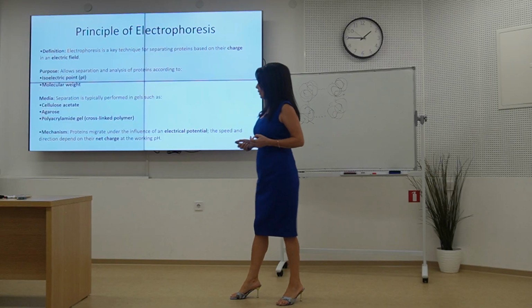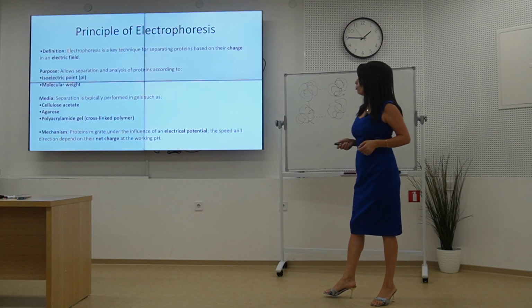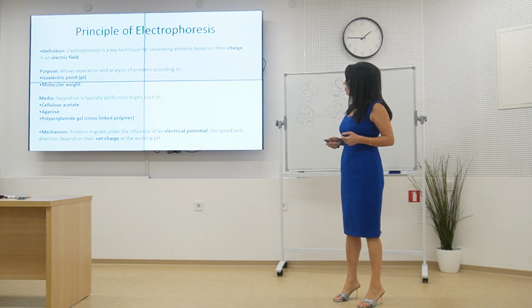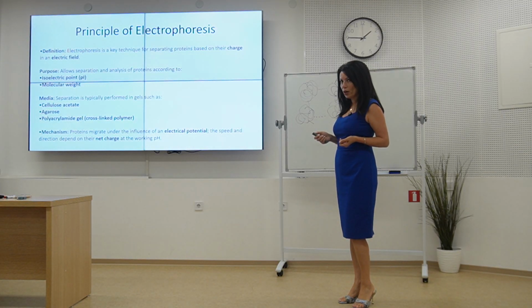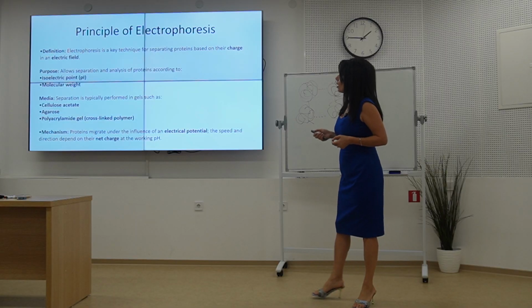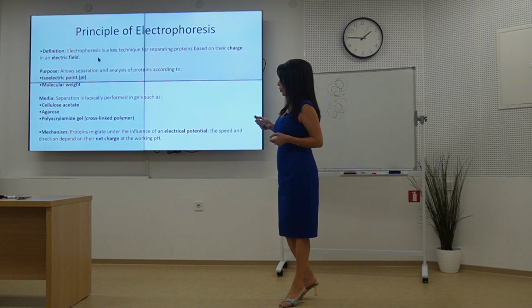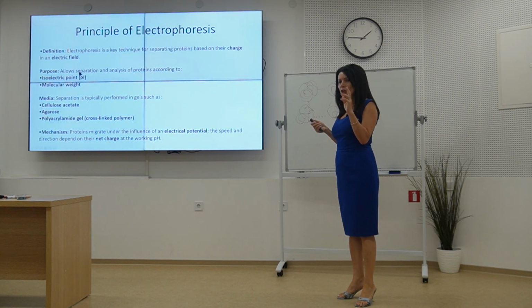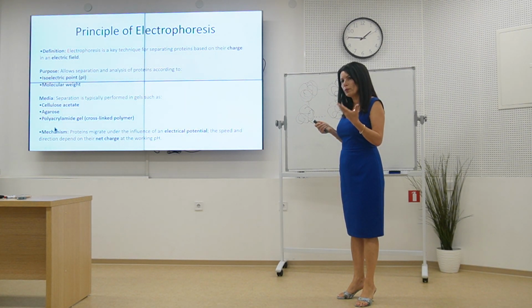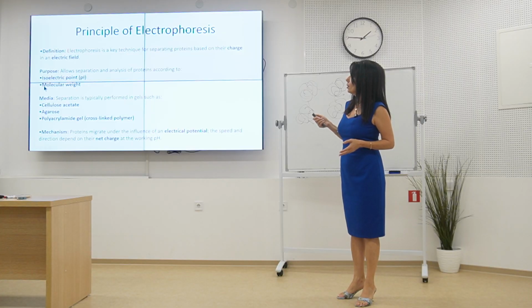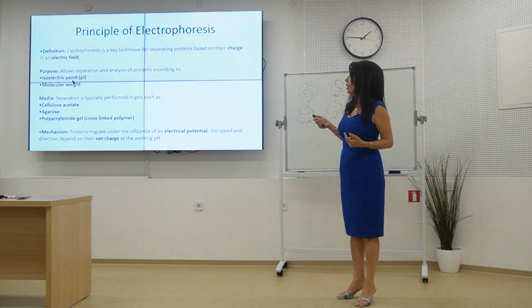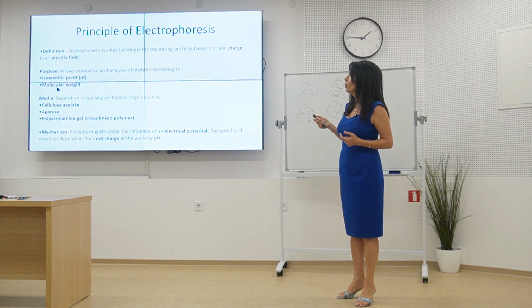Principle of electrophoresis. This is a key technique for the separation of proteins. It is used for the separation of proteins based on their charge and movement in the electric field. We need two conditions for electrophoresis: number one is the isoelectric point of the corresponding protein, and number two is molecular weight.